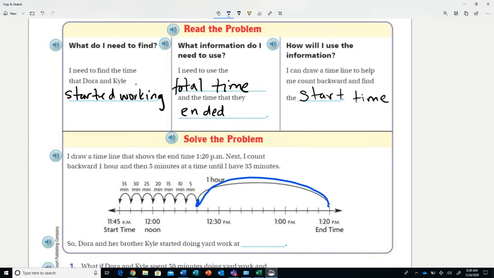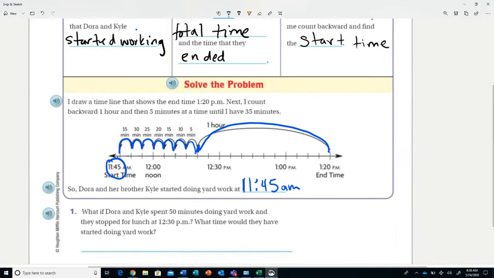I need 35 more minutes. So 5, 10, 15, 20, 25, 30, 35. If I was looking at a clock, each of those bumps would have taken me back 5 minutes until I have a start time of 11:45 a.m. Doesn't seem to be too bad.